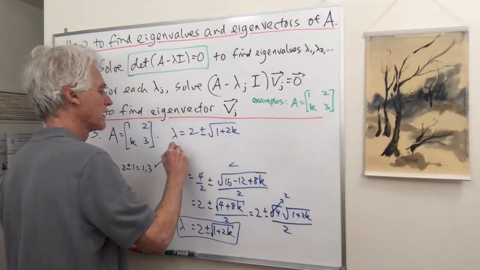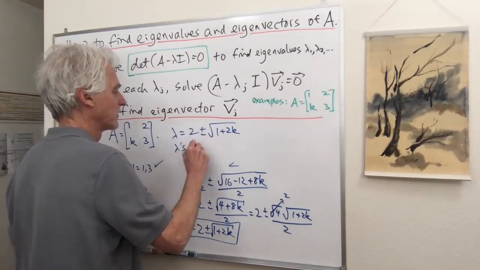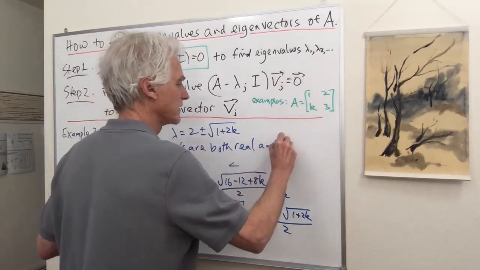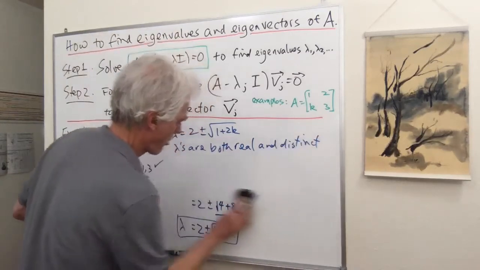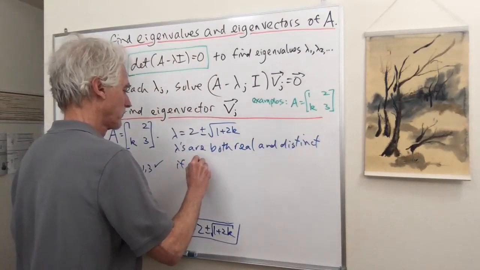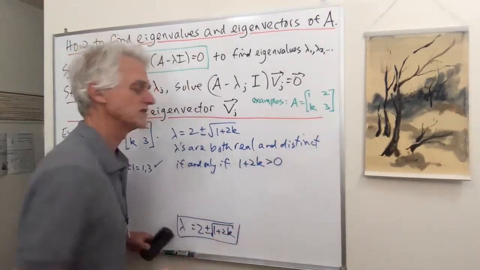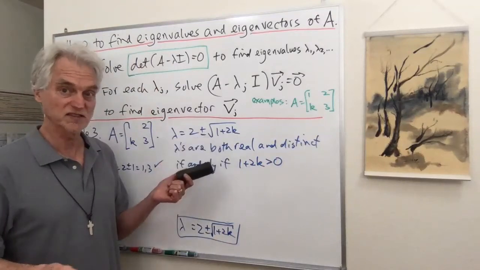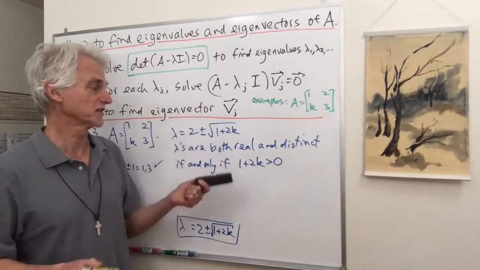So the lambdas are both real and distinct if and only if 1 plus 2k is positive. If 1 plus 2k is negative, that's where you get the complex eigenvalues. And if 1 plus 2k is 0, the eigenvalues are 2 plus or minus 0.